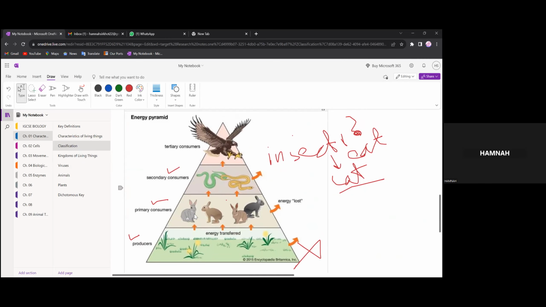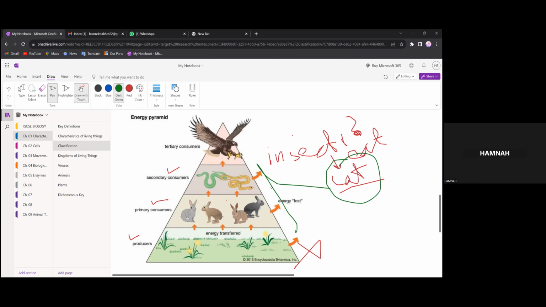So, do you understand? If a question is framed as a scenario, like this animal is eating this other animal, you have to think about where that second animal falls in the pyramid.